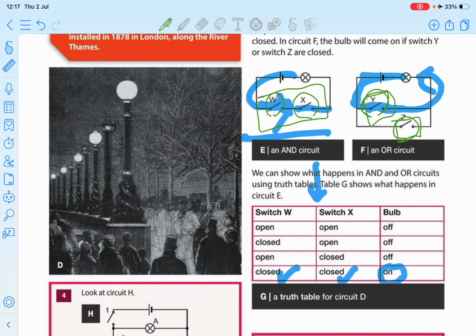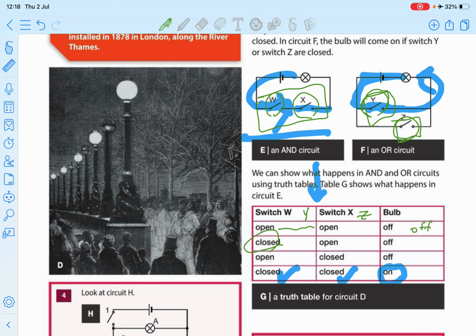Now think about it, I'm writing here Y and Z. In the Y and Z, if one switch is open, the bulb turns on, right? Here turned on, here turned on. Sorry, yeah, if both switches are open, the bulb is off.